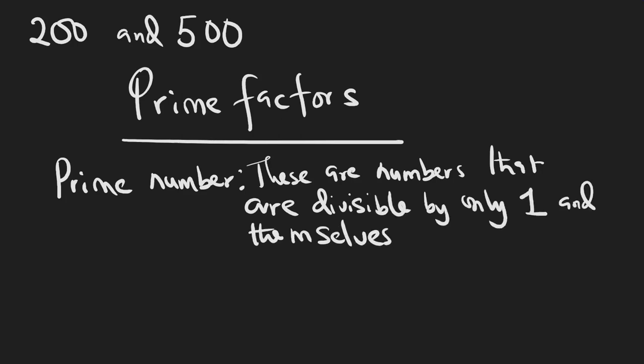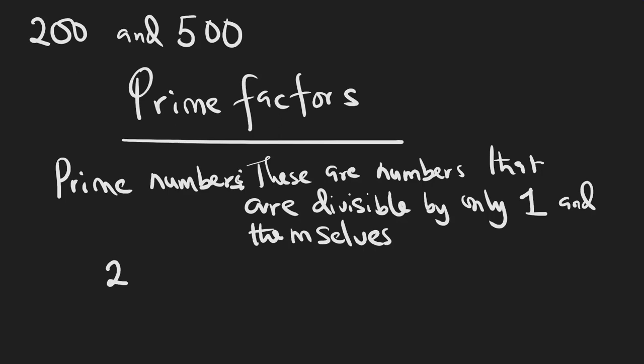So prime numbers are numbers that are divisible by only 1 and themselves. So for example, if you have 2, is there a number that can divide 2 apart from 1 and 2?